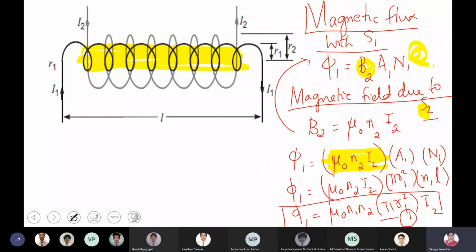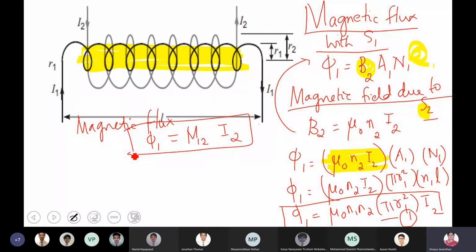Then the magnetic flux in terms of the mutual inductance. Magnetic flux phi1 is proportional to the current flowing in the secondary coil. So the flux induced in the first coil depends upon the current flowing in the second coil. Mark this as equation 2. Now you equate equations 1 and 2.